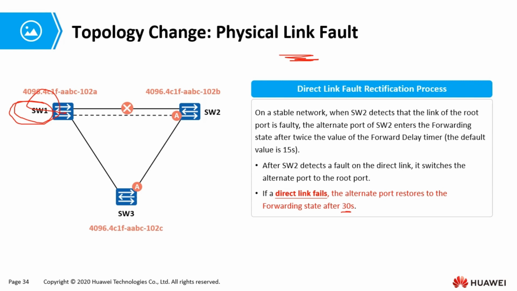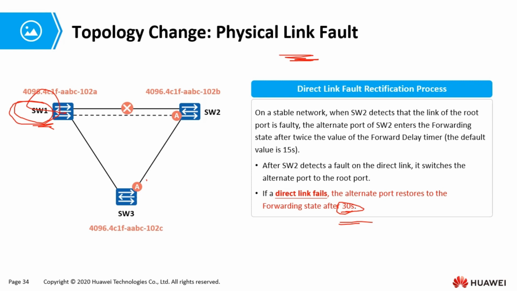You just go into listening, changing from the alternate port to listening, learning, and forwarding. That's why you only need 30 seconds to recover. Just remember, as long as it's a direct link connected to the switch, you need 30 seconds.